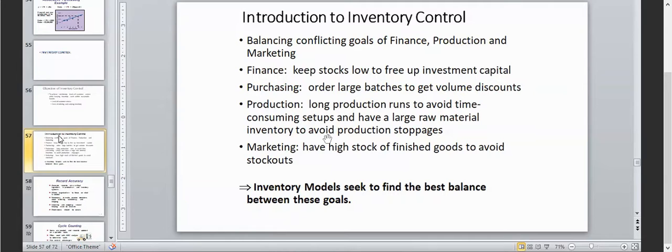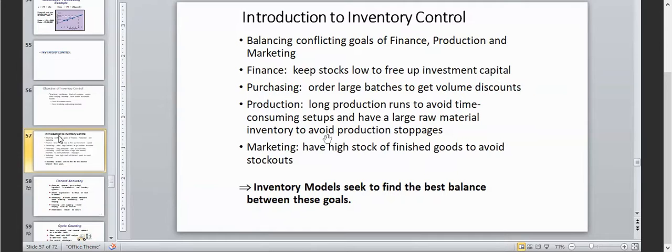Okay, untuk production dia suka untuk mempunyai inventory dalam kuantiti yang banyak, kan? Untuk mengelak kehabisan inventory work in process dan juga untuk mengelak kehabisan inventory sewaktu pelaksanaan setup pada mesin tersebut.